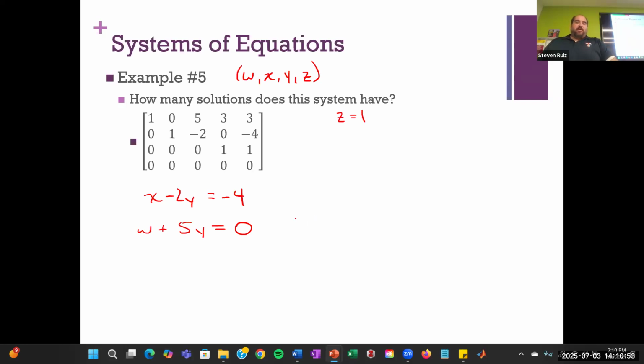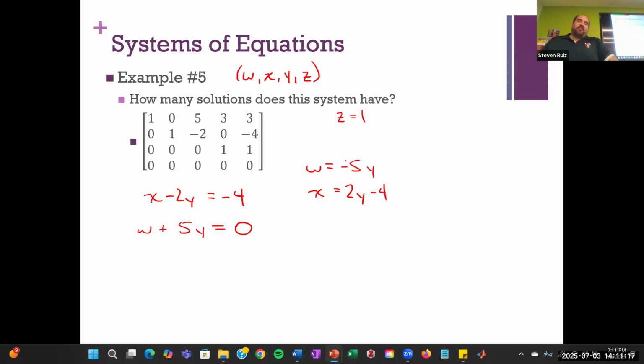So I have a couple parameters here. I think w equals negative 5y. And then x equals 2y minus 4. z is the only one we lock in. The z equals 1. That's locked in.